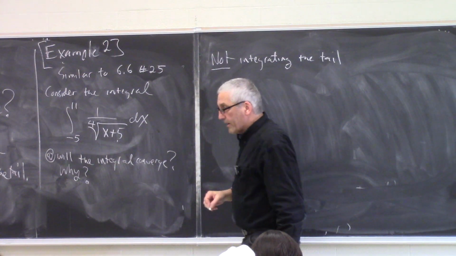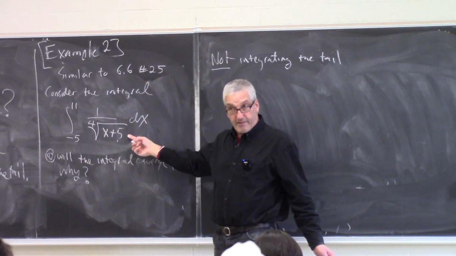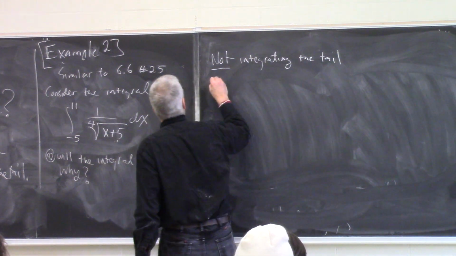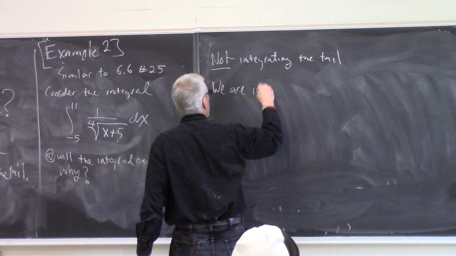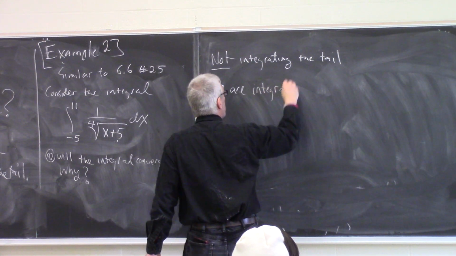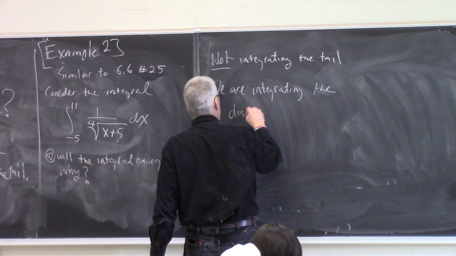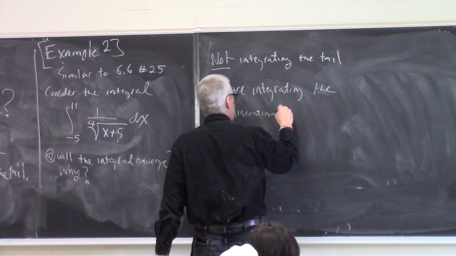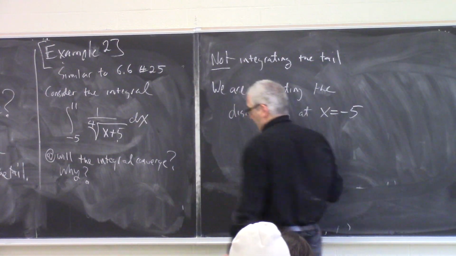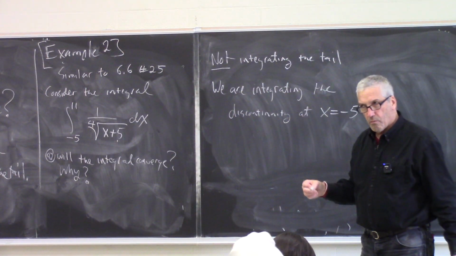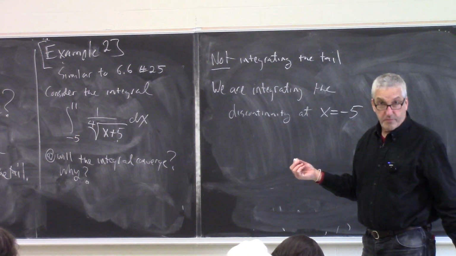We are integrating at the discontinuity. This integrand is discontinuous at x equals -5. So the discontinuity is at x equals -5. And then think about what integral technique we are going to use to find this integral. We're going to do a u substitution.